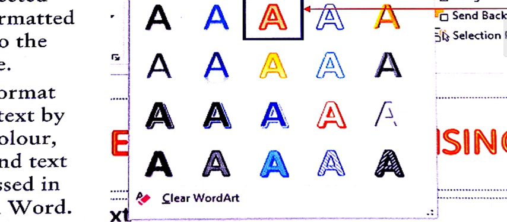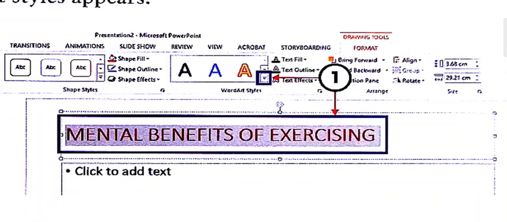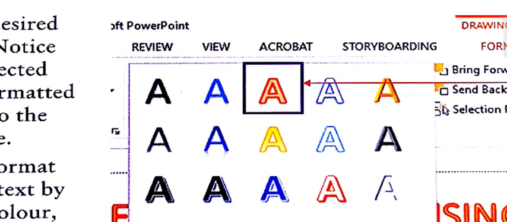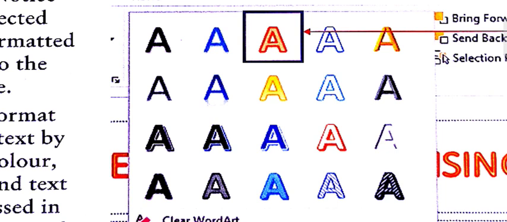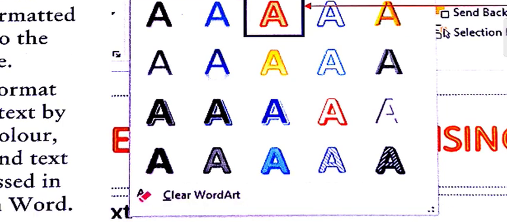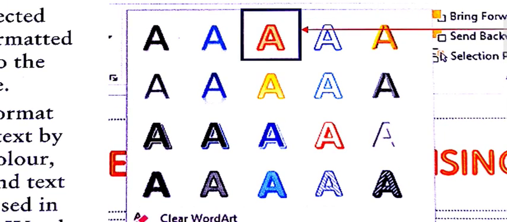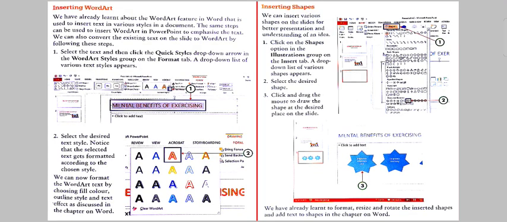The first thing is to select your text, then go to the WordArt Styles section and click on the drop-down list. The drop-down list will appear with various text styles, and you need to choose from here. So these are the basic and simple steps to insert WordArt in your PowerPoint presentation.